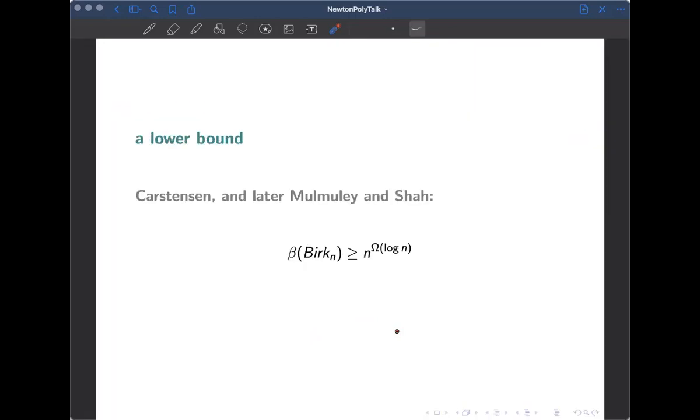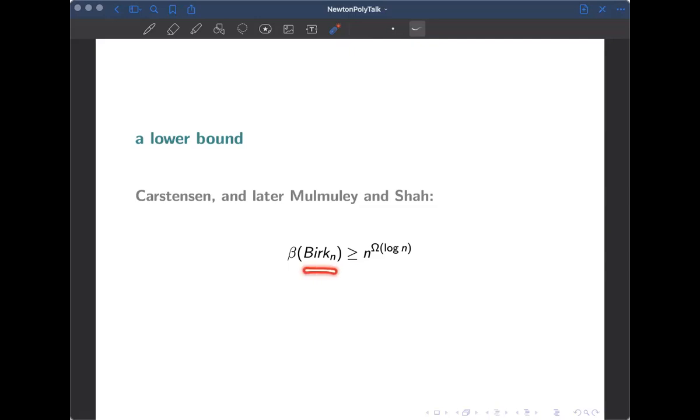Now, we can also use this connection to get some starting point in the tau conjecture, that is related to the tau conjecture. So Carstensen, and then later Mulmuley and Shah, simplified the proof of this fact: the number of breakpoints of the Birkhoff polytope.